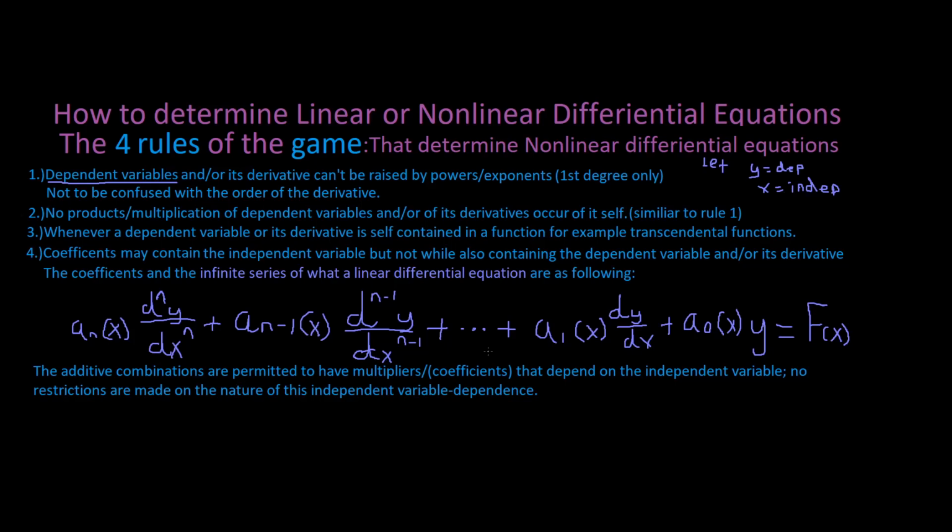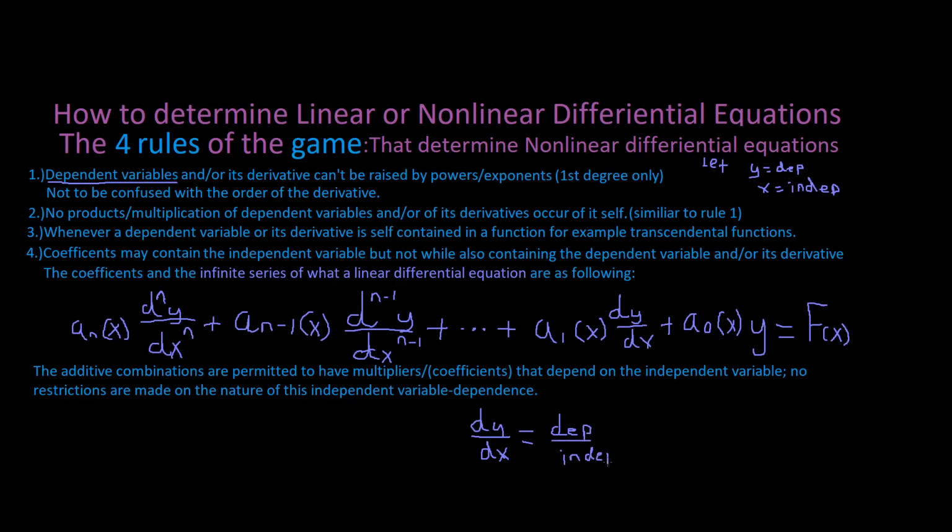How are we going to determine which is dependent and independent if we're given something like dy/dx, which is our derivative notation, symbolically? This is how I remember it: the dependent is always on top, and the independent is always on the bottom.